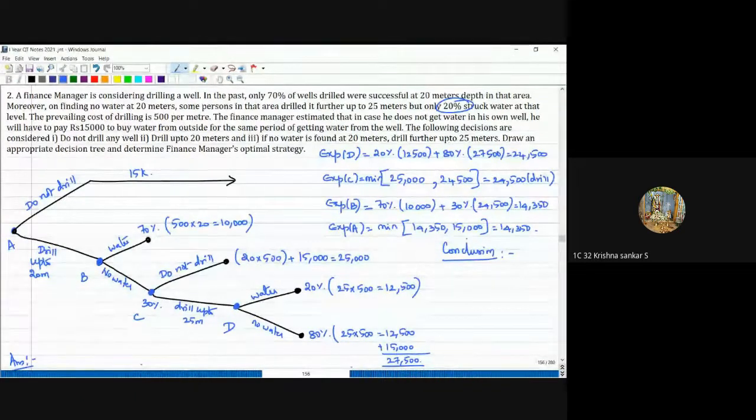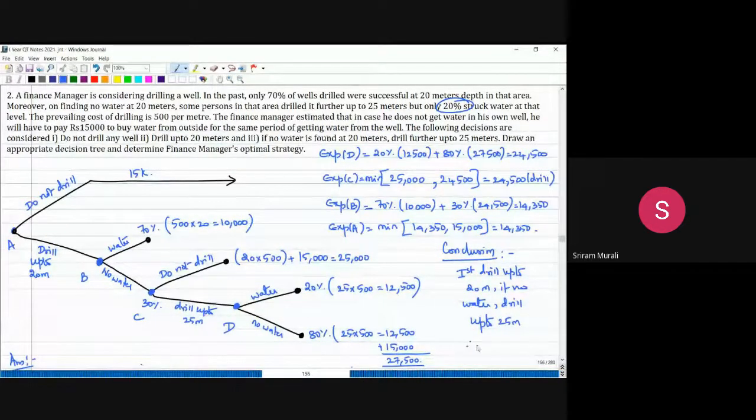If you drill less, you spend less. So first drill up to 20 meters. If no water, drill up to 25 meters. Therefore, the cost is 14,350 on average.